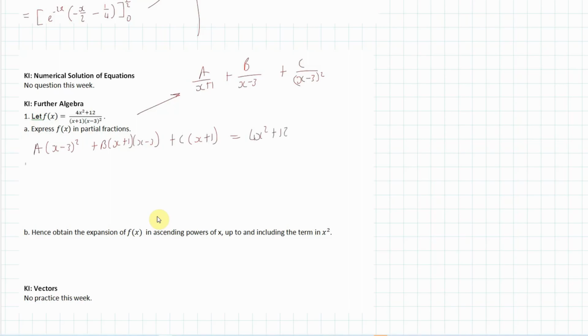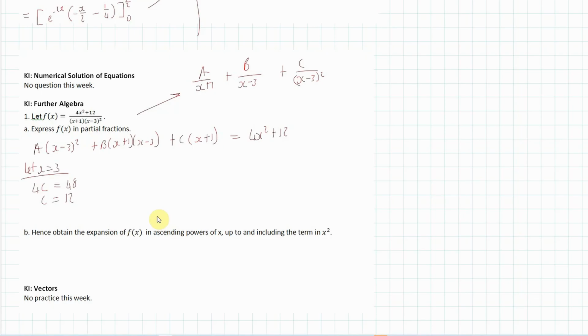I'm going to say, first of all, let x equal 3, and then we can drop out A and B. And so we get 4C equals, now 3 times 3 is 9, 4 nines are 36, 46, 48. So it's 48, and so C is equal to 12.